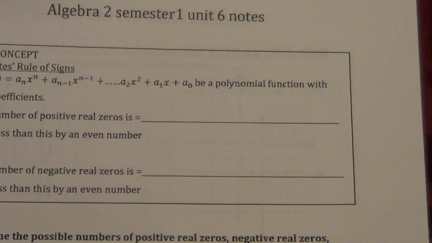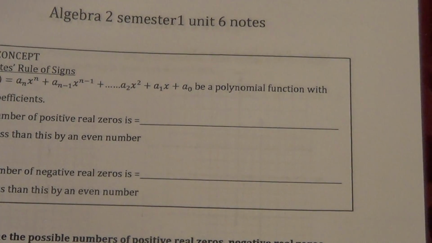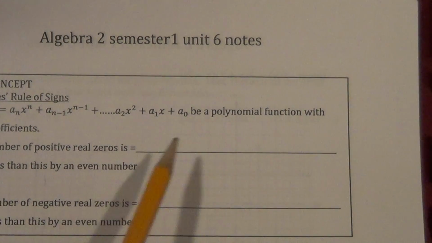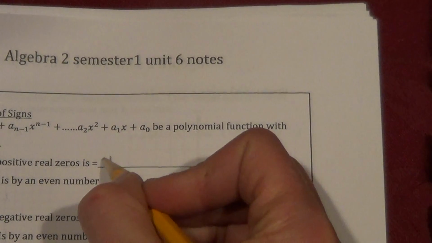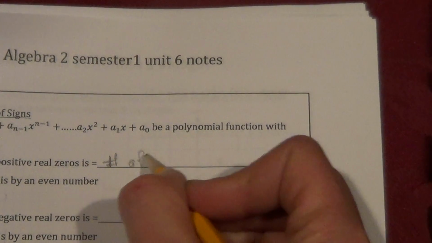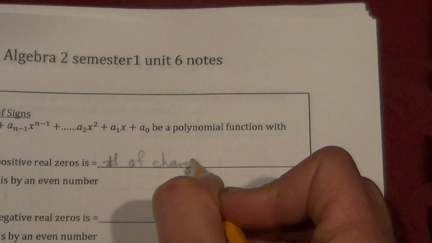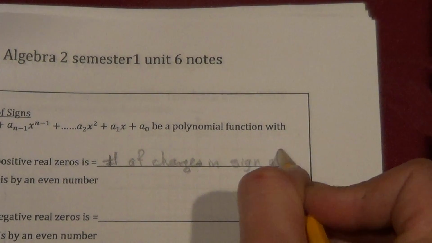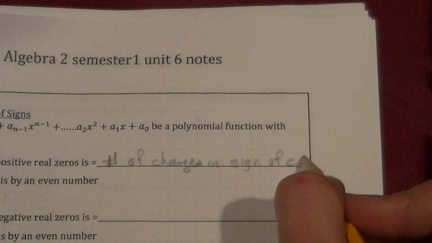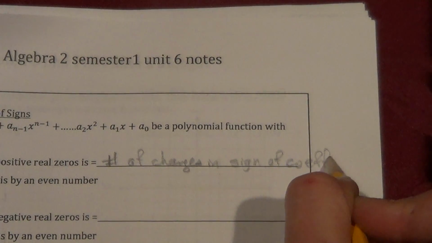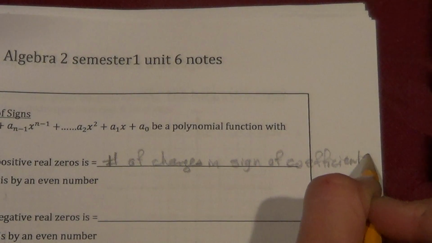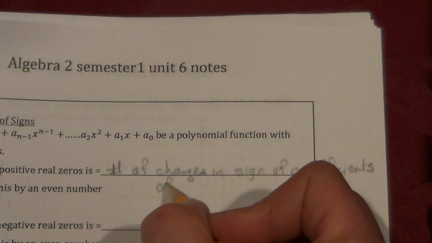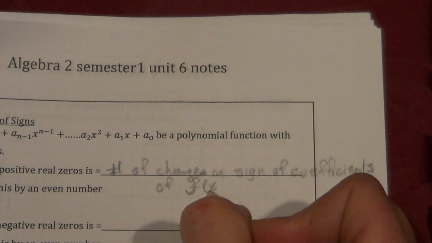Next page we have one last thing to go over, Descartes' rule. This is really cool. The number of positive real roots or zeros is the number of changes in sign of coefficients of f of x.